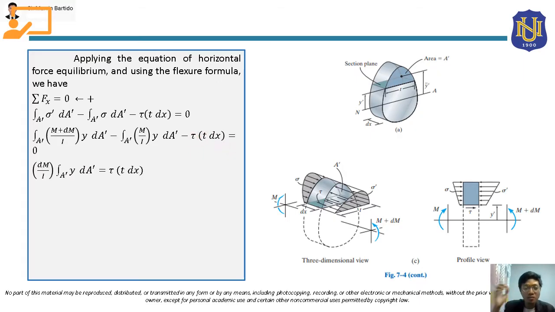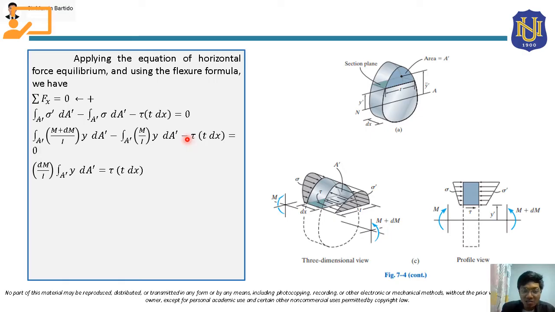Simplifying this further, class, the M over I times y dA prime will be subtracted by M over I y dA prime also, so they cancel. What will remain here will just be dM over I times y dA prime.